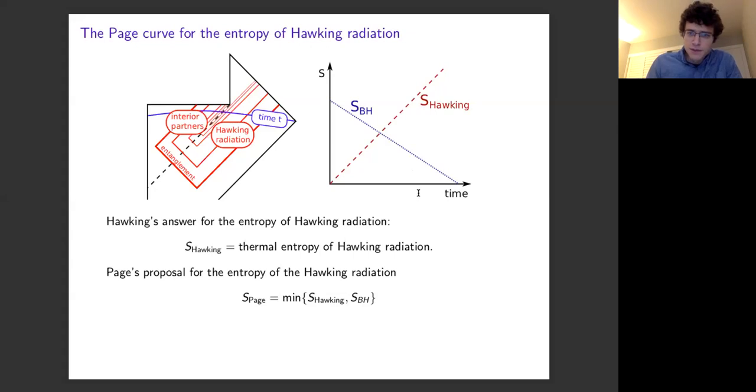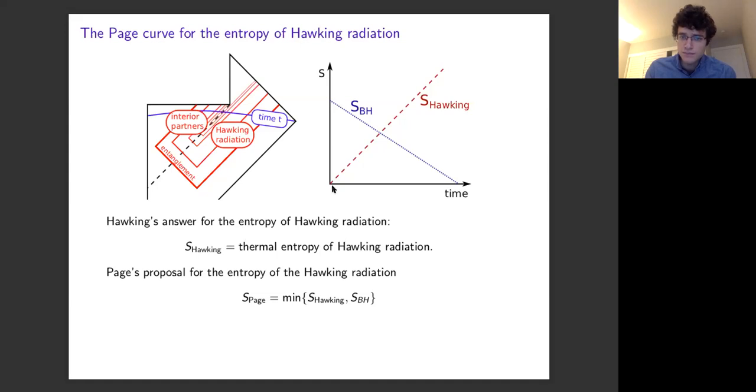So what Page proposed was that the actual entropy of the Hawking radiation should be the minimum of Hawking's answer, the thermal entropy, that's the first term here, and the thermal entropy of the black hole, the Bekenstein-Hawking entropy. So Page's formula is the minimum of these two terms, and I've plotted both of those terms here.